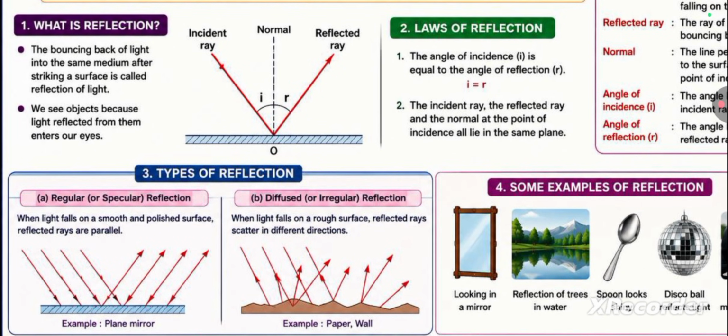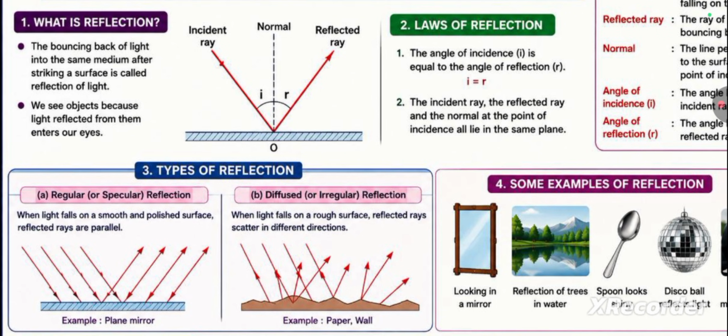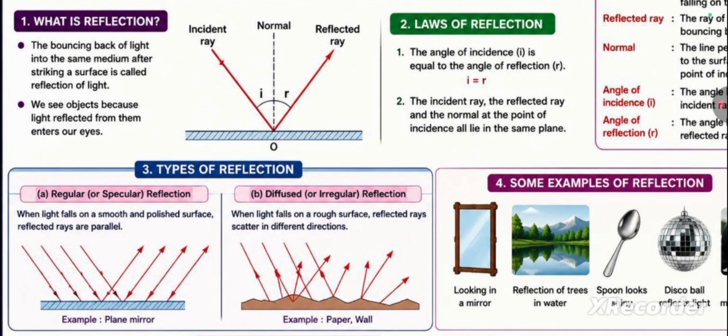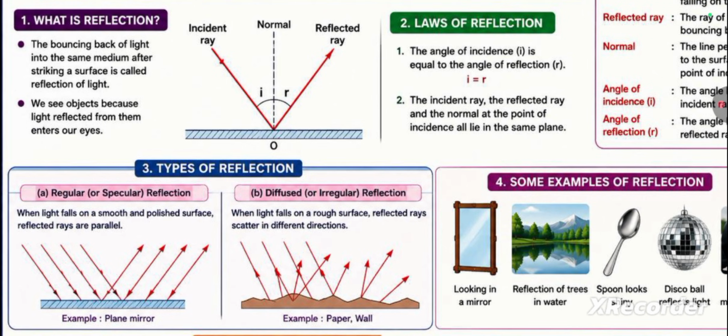Observe carefully what happens. Change the position of the mirror and observe again. The observation is, students, what do we observe? We see that light changes its direction after striking the mirror. The reflected light falls on another place. Conclusion. From this activity, we understand that light bounces back when it falls on a shiny surface like a mirror. This is called reflection of light.